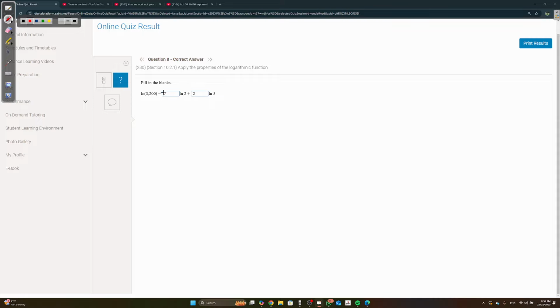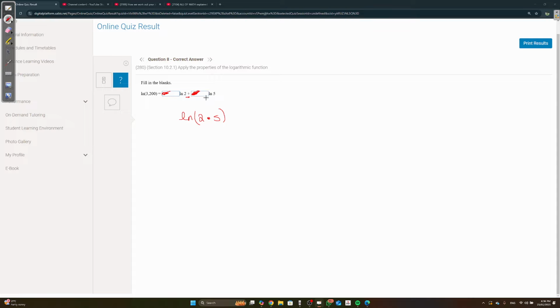ln 3200. Okay. They want you here to simplify it. How do you do it? You don't know these boxes. We're going to separate it. Remember, ln 2 plus ln something. That means when you add, it's the same as doing 2 times 5. Right?